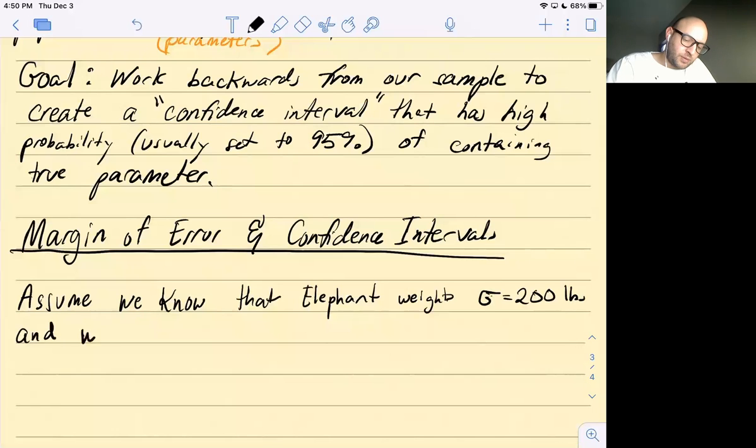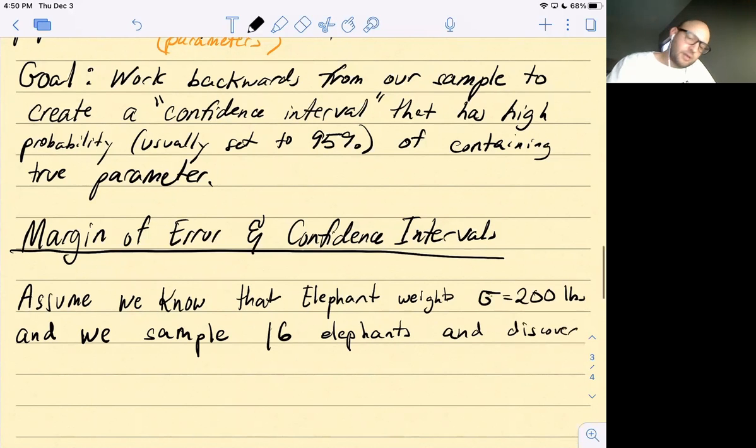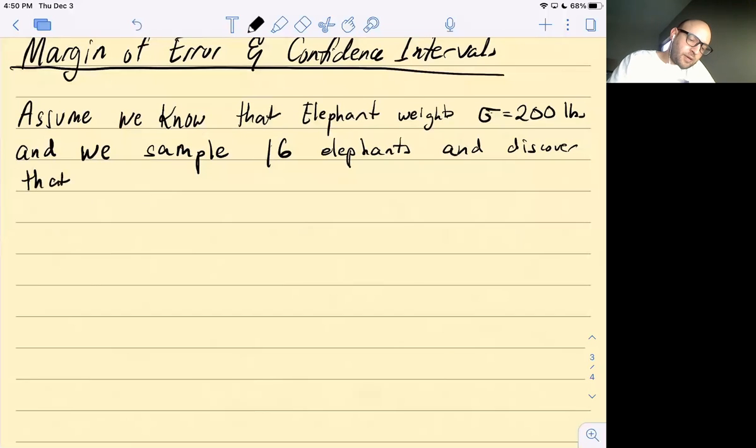and we sample, let's say, 16 elephants, and discover that X bar, the sample mean, is equal to, let's say, 2100 pounds.